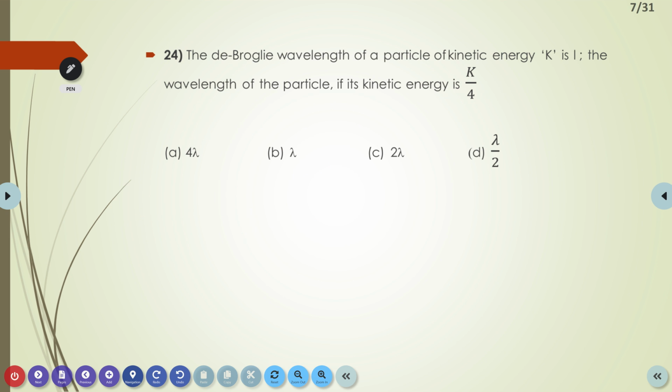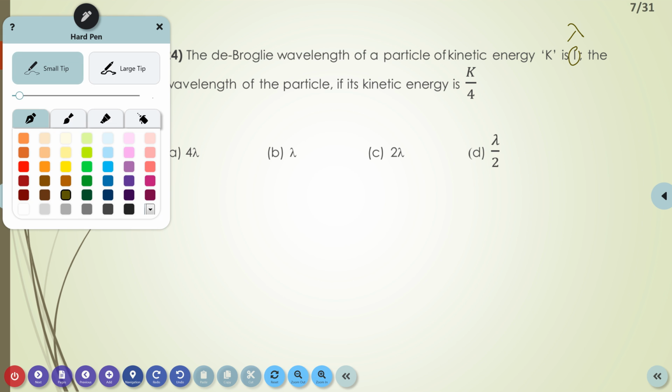Next. The de Broglie wavelength of a particle of kinetic energy K is lambda.